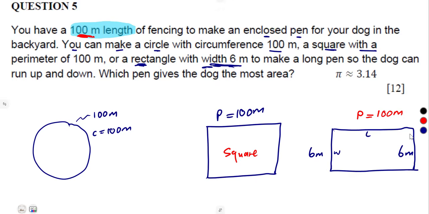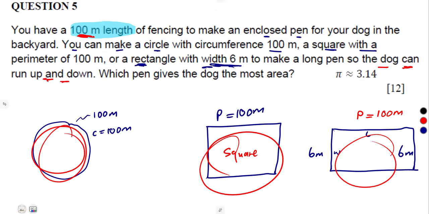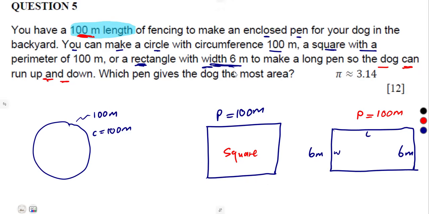But the question is, which pen gives the dog the most area? We are making a pen that it can run up and down. Which of the pens that you're making is going to give us the most area?